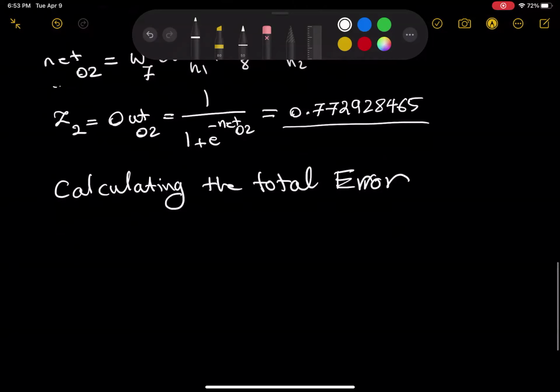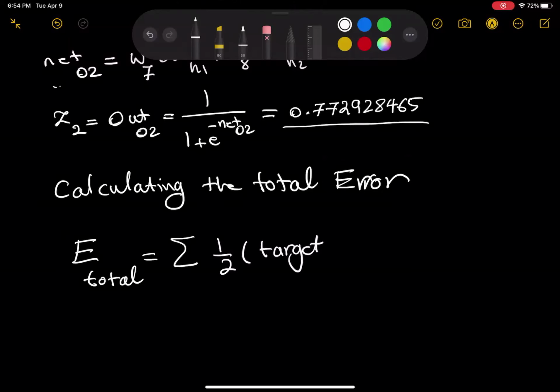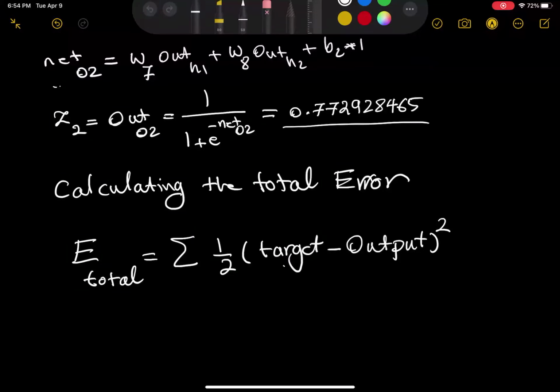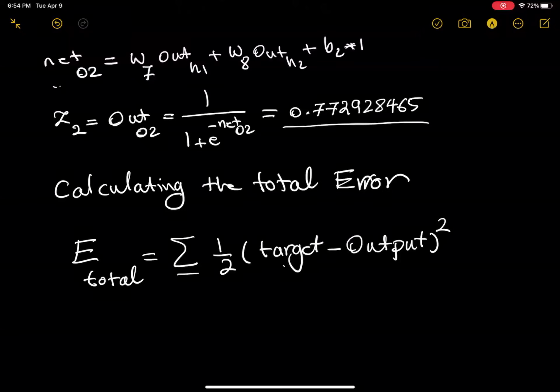E of total equal to, I try to write it even simpler so you can understand, sigma of target minus output, for all number of outputs you have.